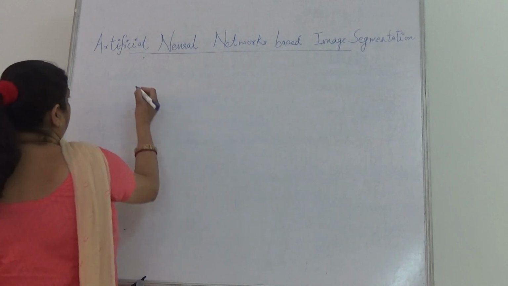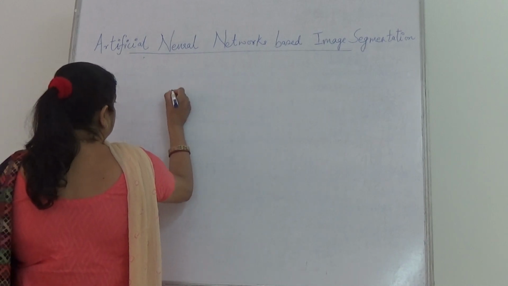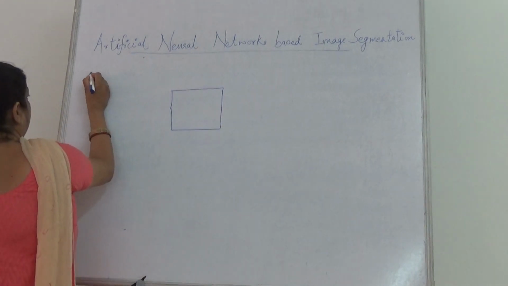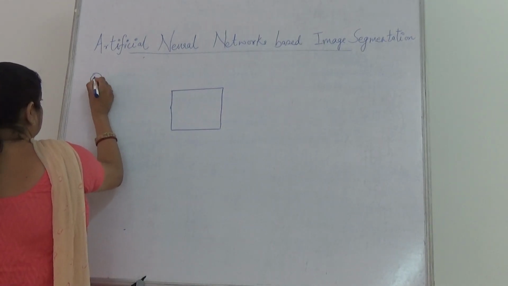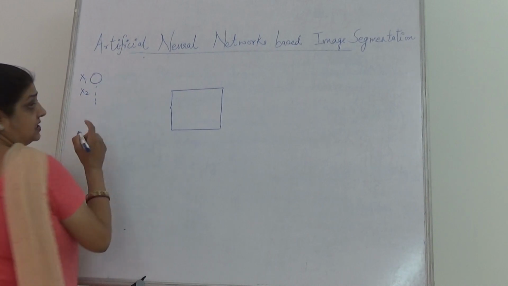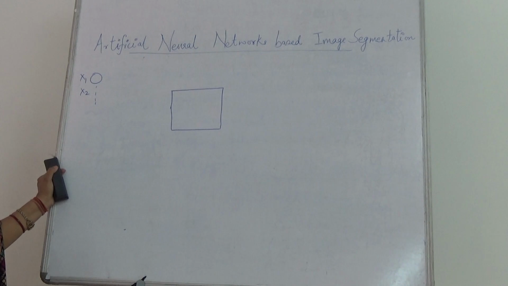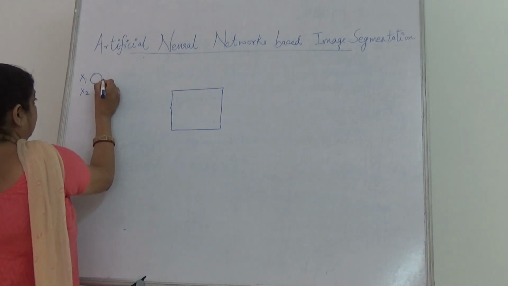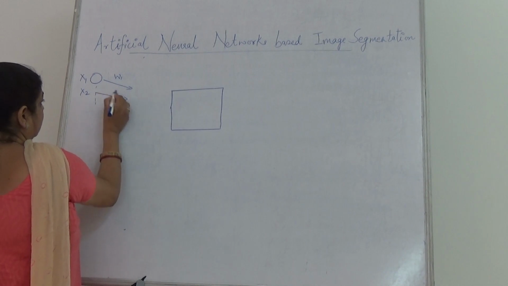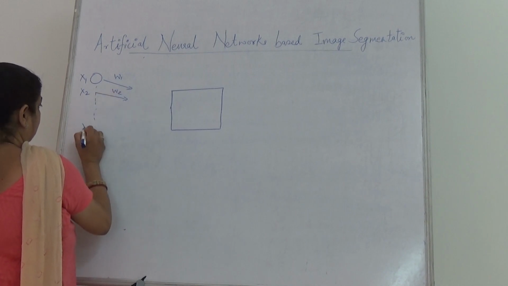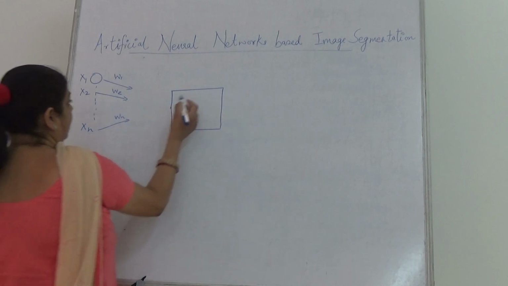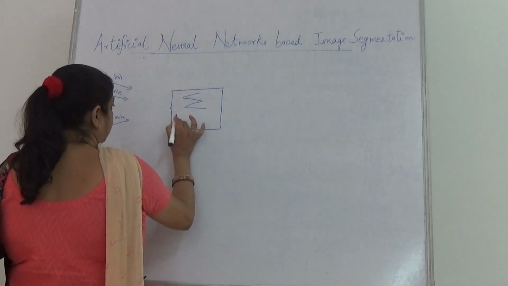So we have certain nodes, say x1, x2, as I discussed, which is basically multiple connection of neurons with certain synaptic weights, say Wn, and this is our summation unit.